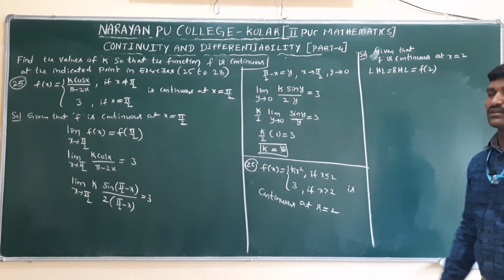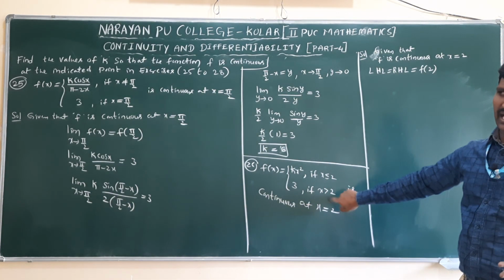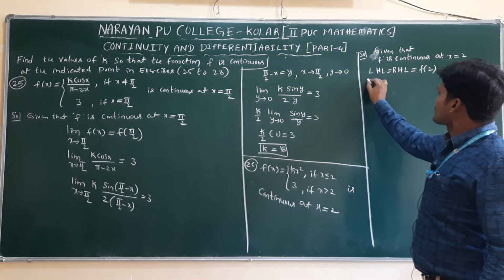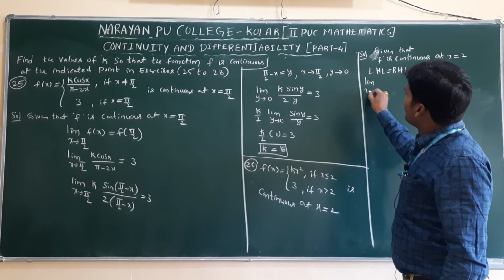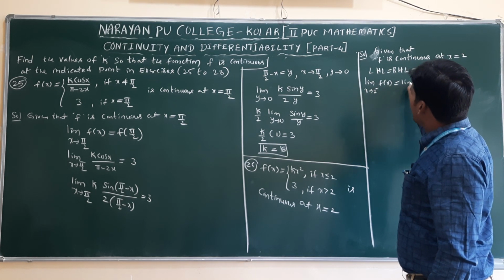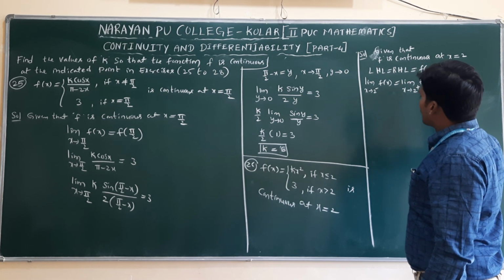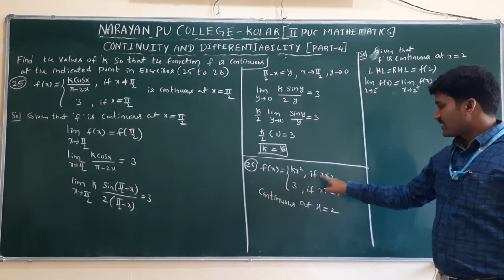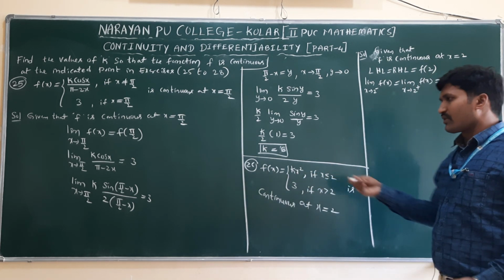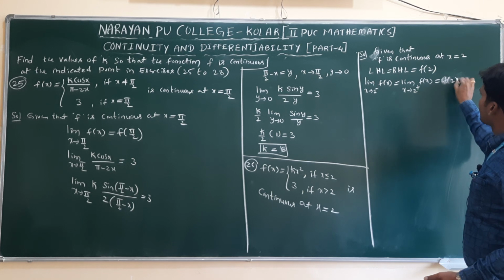This is the condition when f is continuous and conditions like less than, greater than are given. First, LHL means limit x tends to 2 minus f of x equals limit x tends to 2 plus f of x equals f of 2. f of 2 means at x equal to 2, what is the function? Later we can take it at the next step. f of 2, only write down.